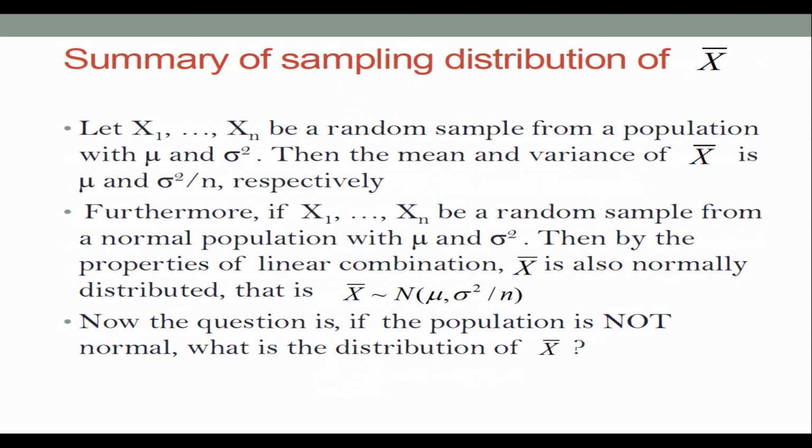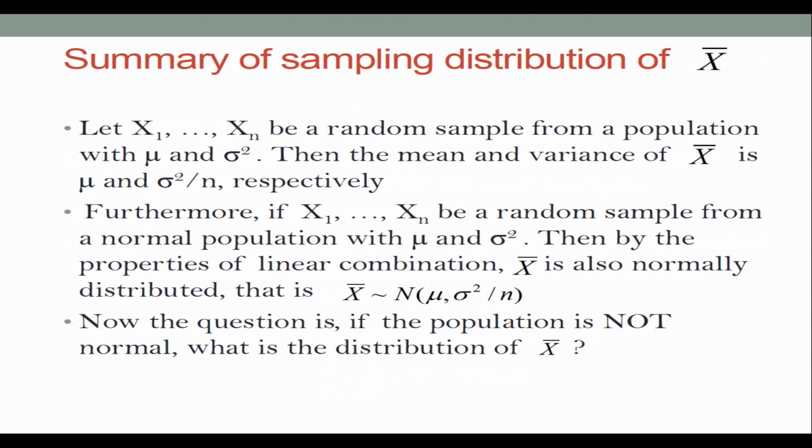So back to the summary of the sampling distribution of this sample mean. If x1 up to xn is a random sample from a normal population with mean mu and variance sigma squared, then by the properties of linear combination, if we know the underlying population model for those single x is normal, then the sample mean, capital X bar, should also be normal. That's very good because we understand the normal distribution very well.